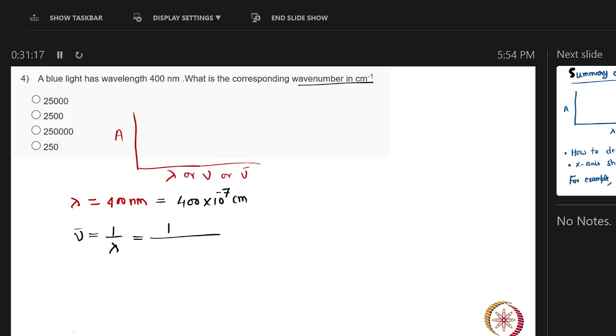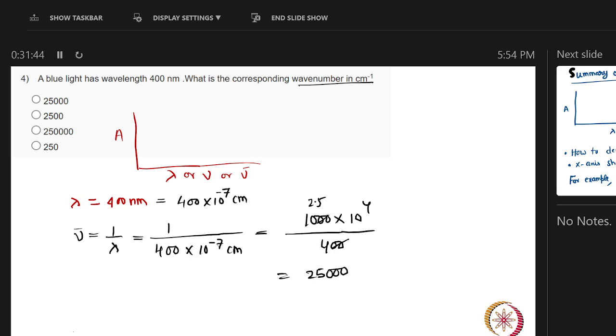So we can write 400 into 10 to the power minus 7 centimeter, which is 10 to the power 7 by 400, nothing but 2.5 times 10 to the power 4, so 25000. This will be your correct answer.